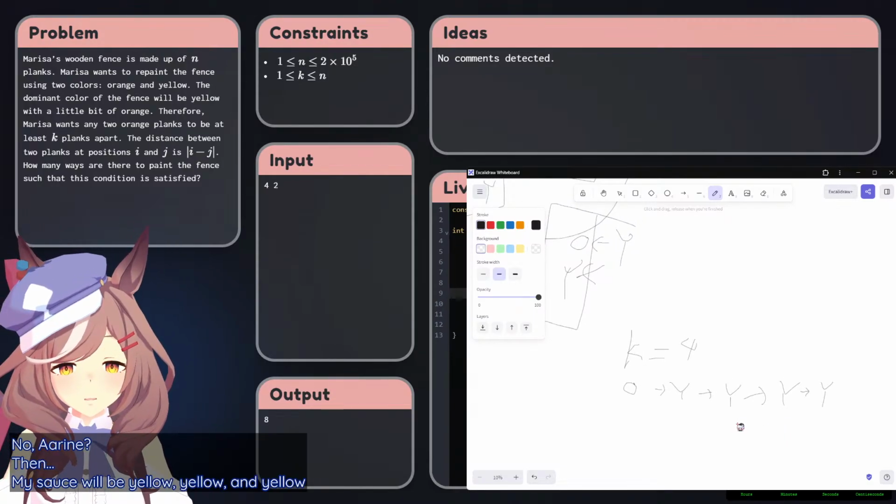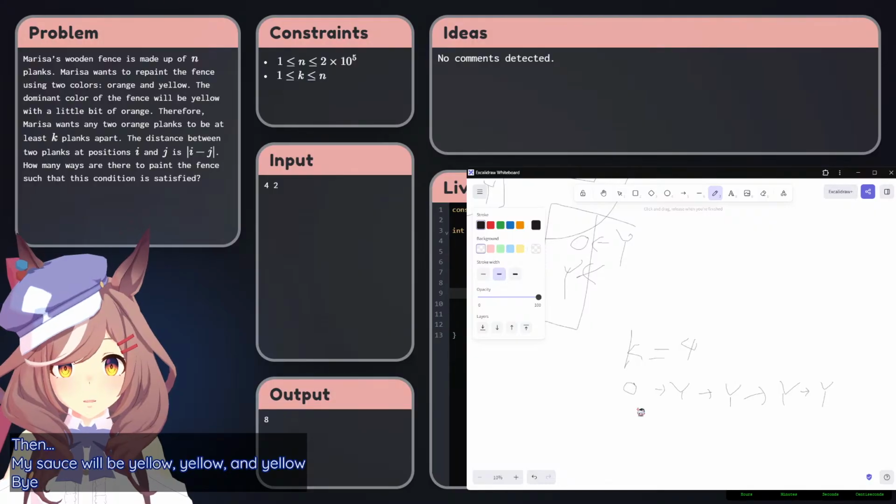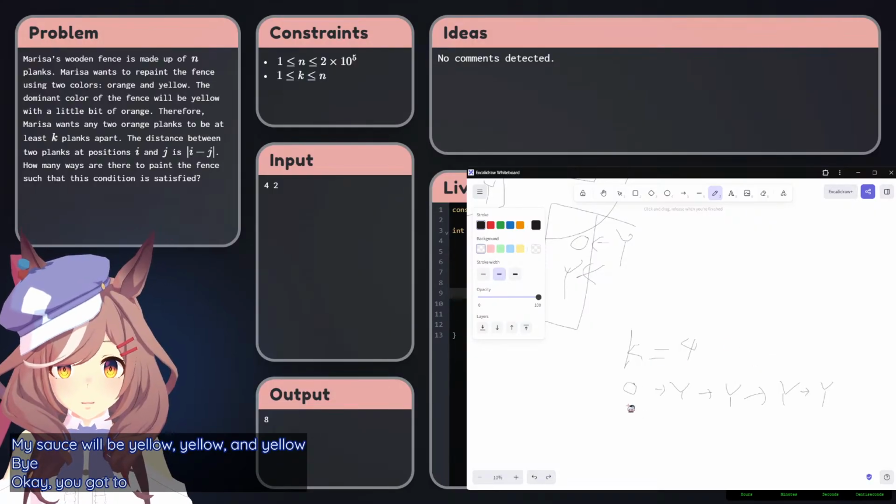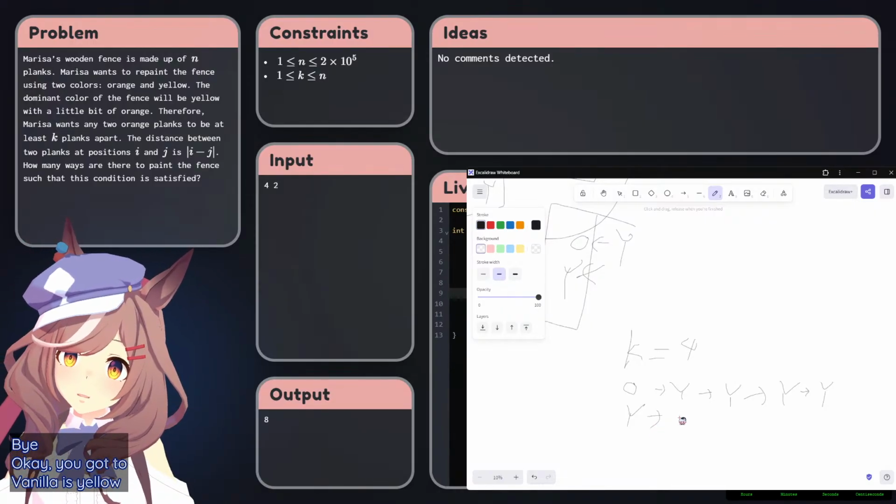And when it is yellow, then it can be orange here.